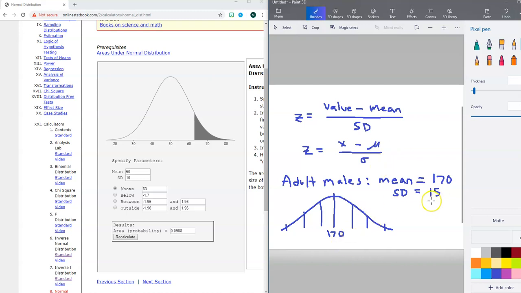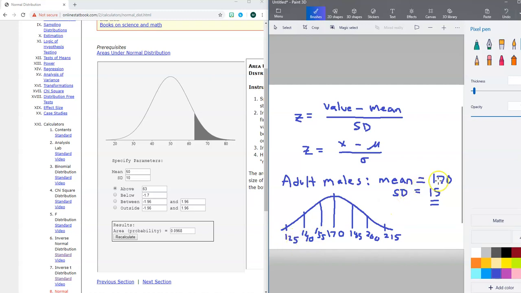So if I take the standard deviation of 15 and add 15 to the mean, that would put me at 185. Add another 15, that would put me at 200, and add another 15. On the other hand, if I go the other way and do 170 minus 15, then I'm at 155, and then 155 minus 15, I'm at 140, and then 140 minus 15, I'm at 125.